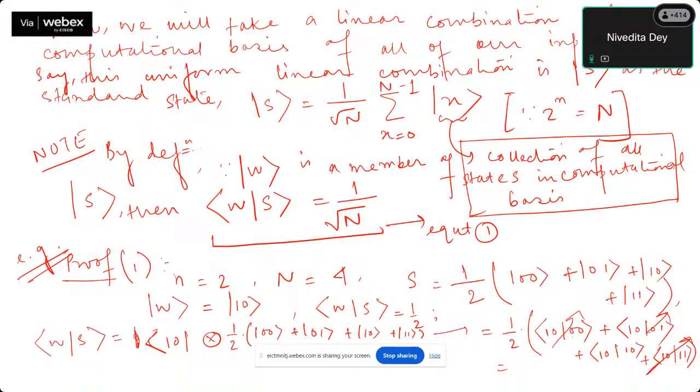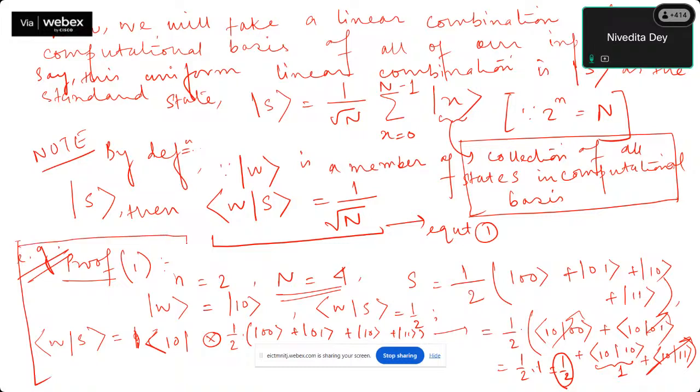Similarly, inner product of 10 with 10 is 1, but inner product of 10 with 11 or any other state than 10 will be equal to 0. So this is nothing but half into all three zeros, and this one is 1. So this is half into 1, that is half, which is exactly equal to 1 by root over 4, and we started with 4 states. Clear?